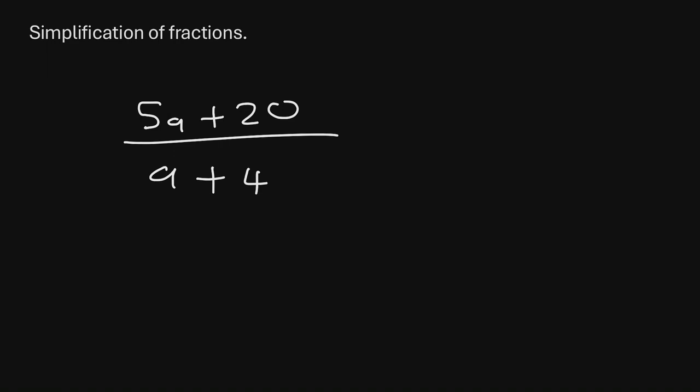At the top, we can factorize because we have a common factor, which is 5. After taking out 5 as a common factor, 5a divided by 5 gives us a, and 20 divided by 5 gives us 4.